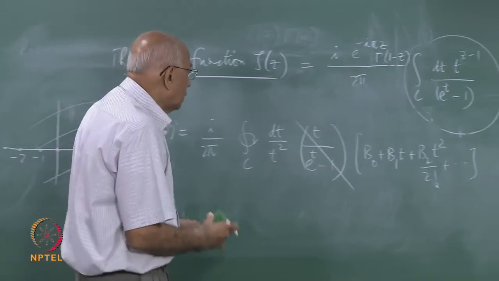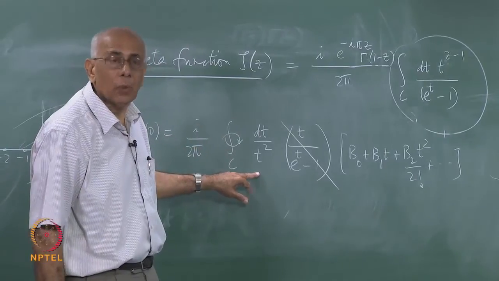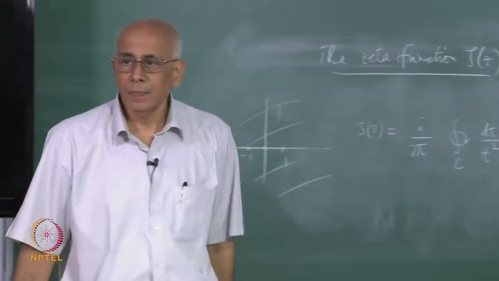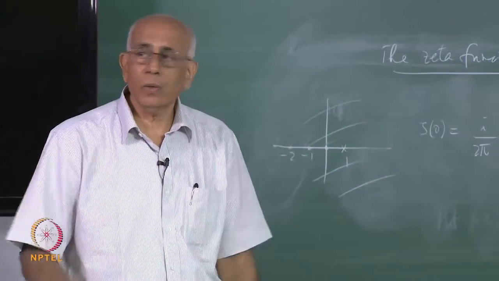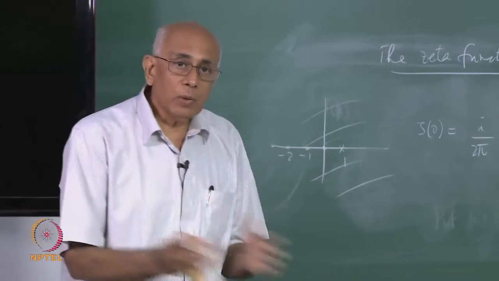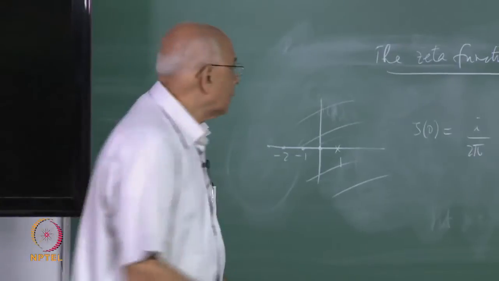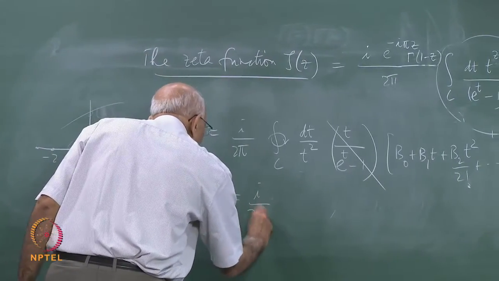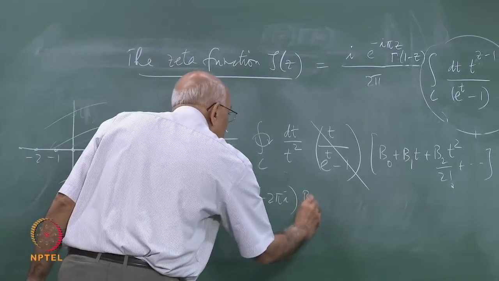But we know that the contour integral of dt over t squared is 0. The only thing that is non-zero is dt over t. dt times any positive power of t or 0 power of t is 0, negative power is all 0 except 1 over t. So this answer is equal to i over 2 pi times minus 2 pi i times b1.